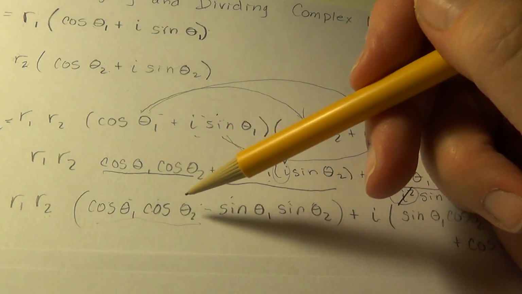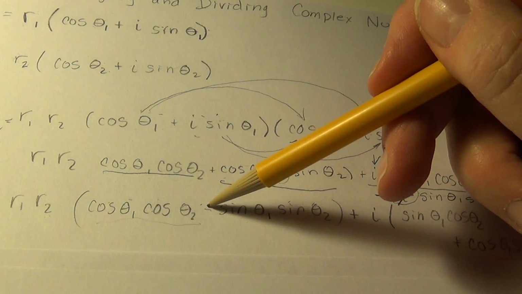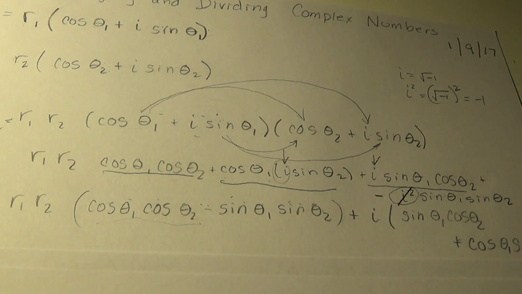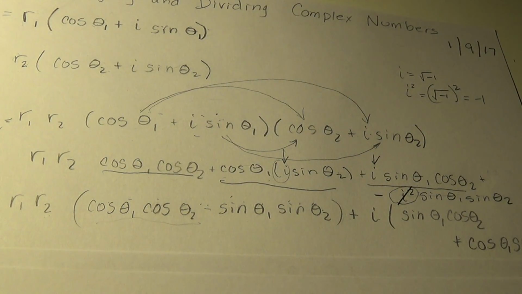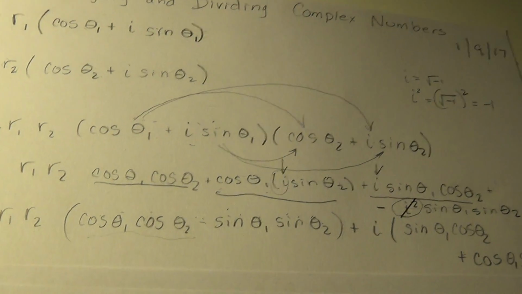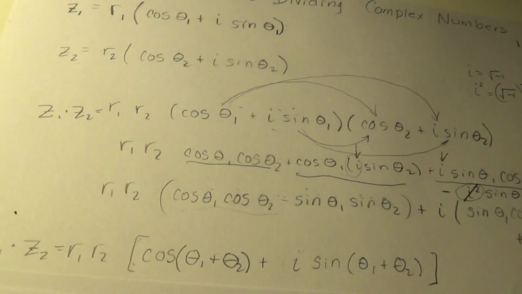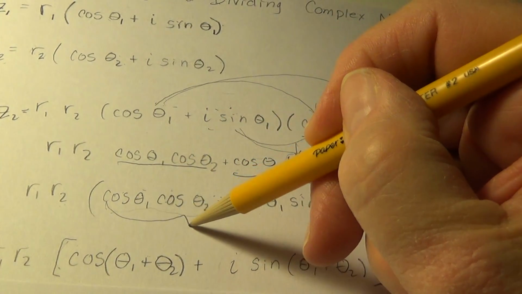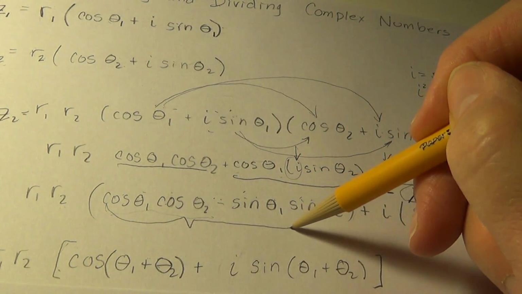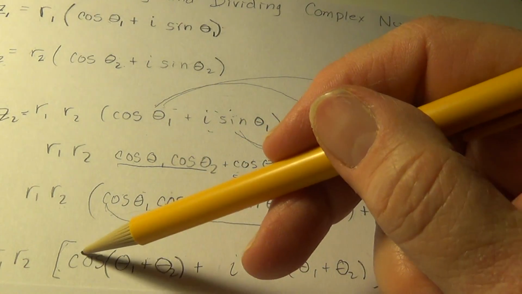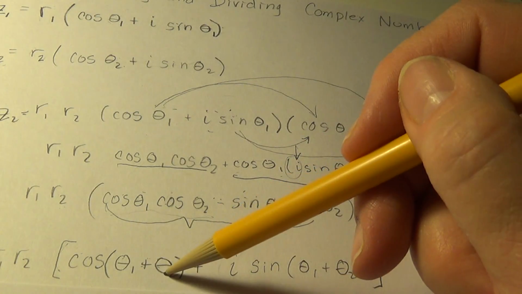Cosine A cosine B minus sine A sine B. That is the cosine of A plus B. So I went ahead and wrote that right here, and I used the trig identity. It's called a sum or difference trig identity. So it was the cosine of A plus B.